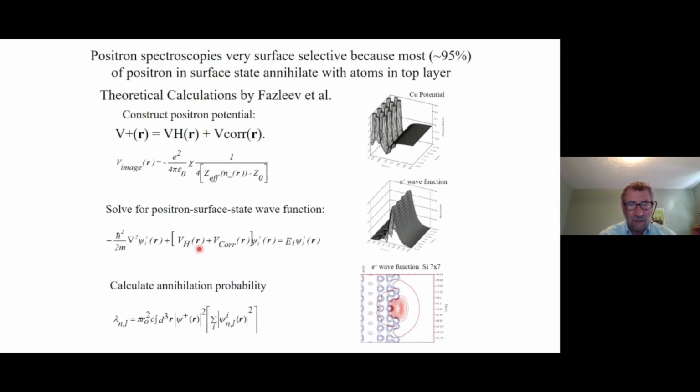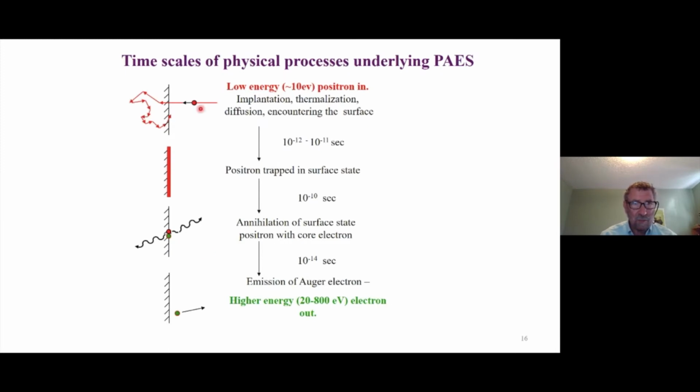So this is what gives us the surface selectivity. So the positron comes in, it diffuses around, comes back to the surface, gets stuck in the surface layer, and then it annihilates in a short time, 10 to the minus 10 seconds, leaving this very excited atom at the surface that emits an electron in a very short time, 10 to the minus 14 seconds.